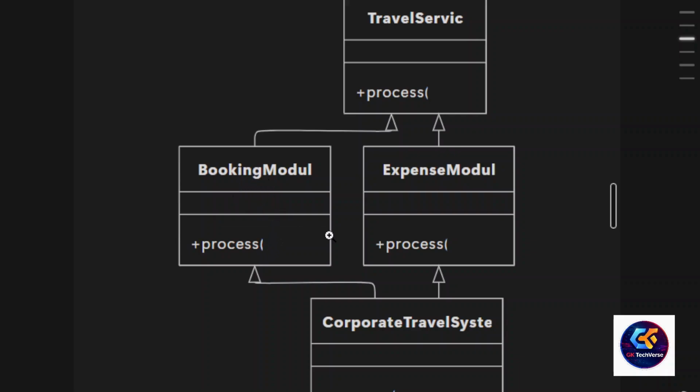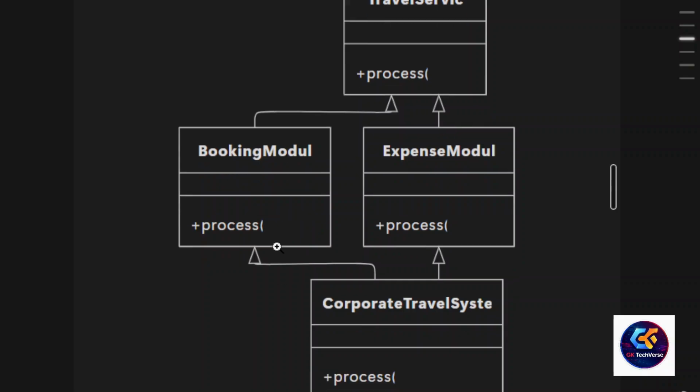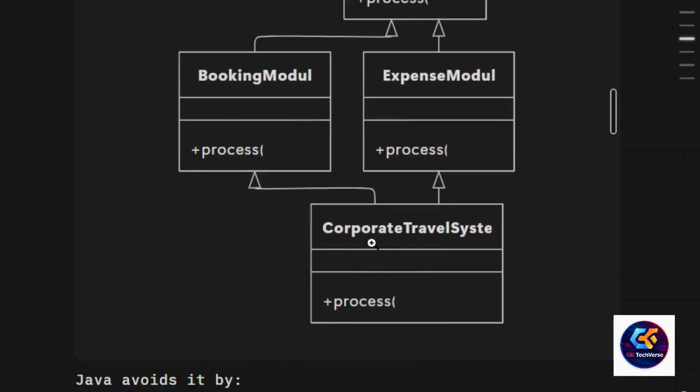Suppose let's say these two child classes override the parent class method. So these two have their own implementation. Now another child class which extended two parent classes. Here we are extending two parent classes.